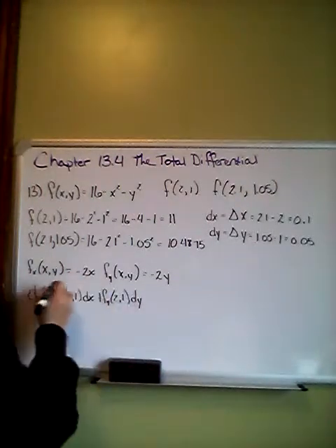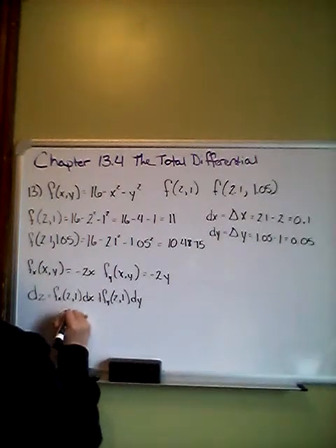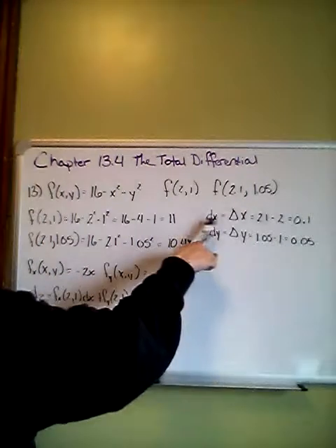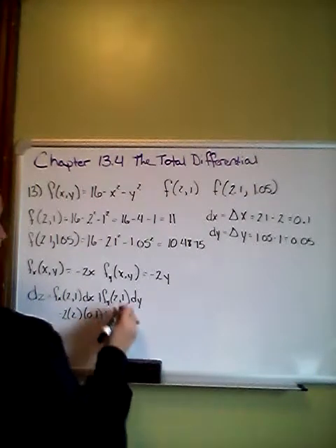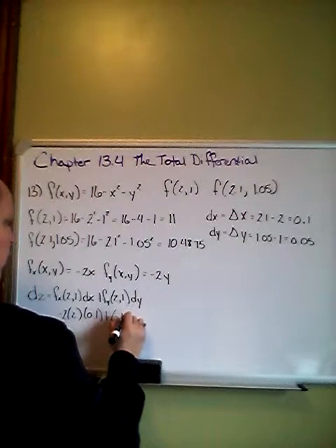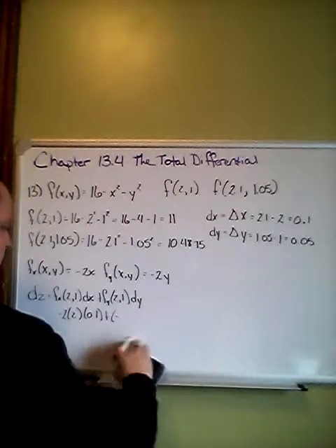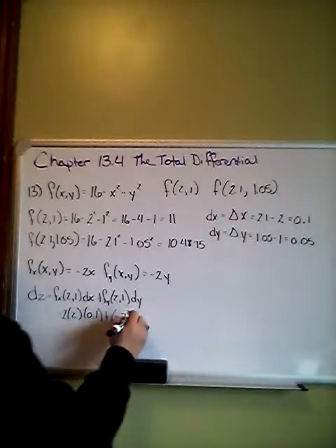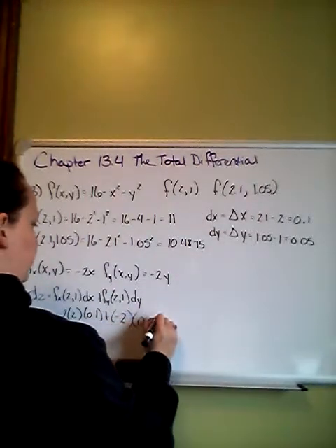I think you can pretty easily put the 2 in here, and so you're going to get a minus 2 times 2 times our dx, which is 0.1, plus, and we're just going to put a 1 in here, so it'll be a minus 2 right here, times our dy, which is 0.05.